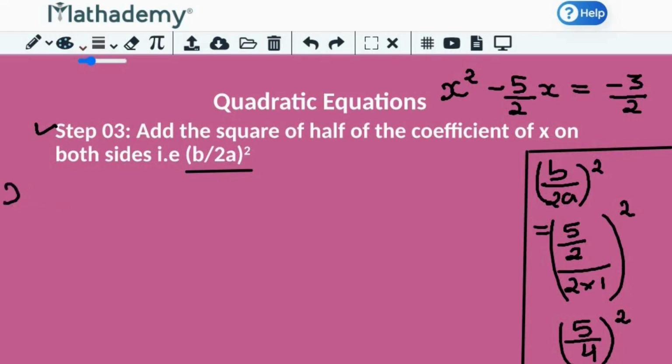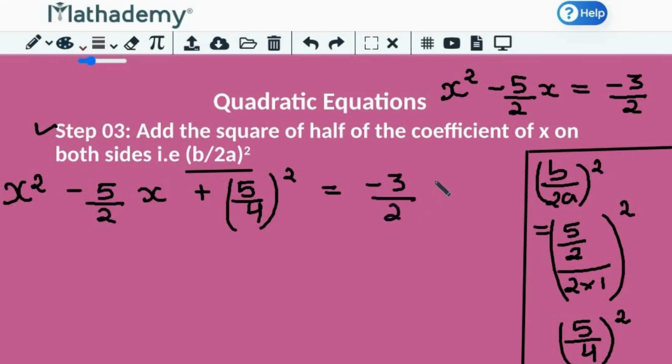So this will become x² − 5/2 times x + (5/4) the whole square = −3/2 + (5/4) the whole square.